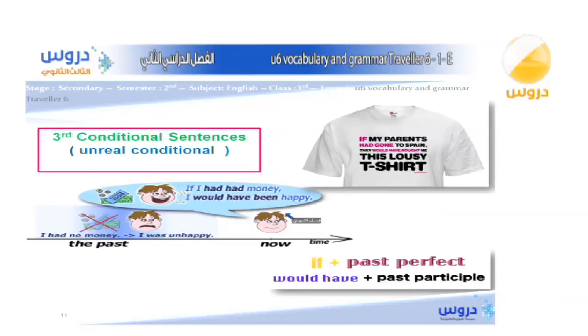The third conditional sentence: if I had had money, I would have been happy. Now we can see that we are talking about the past perfect. In the main clause, it is would have plus the verb, not in the base form but in the past participle.